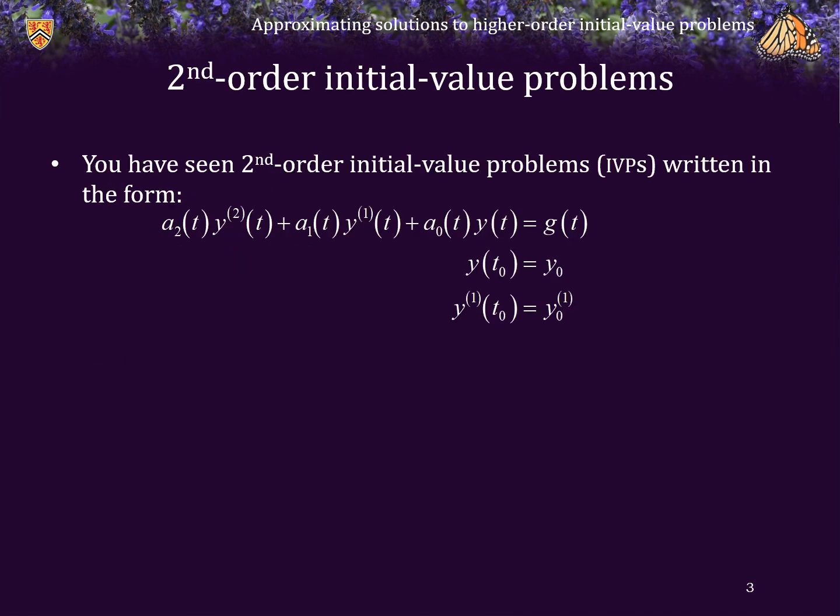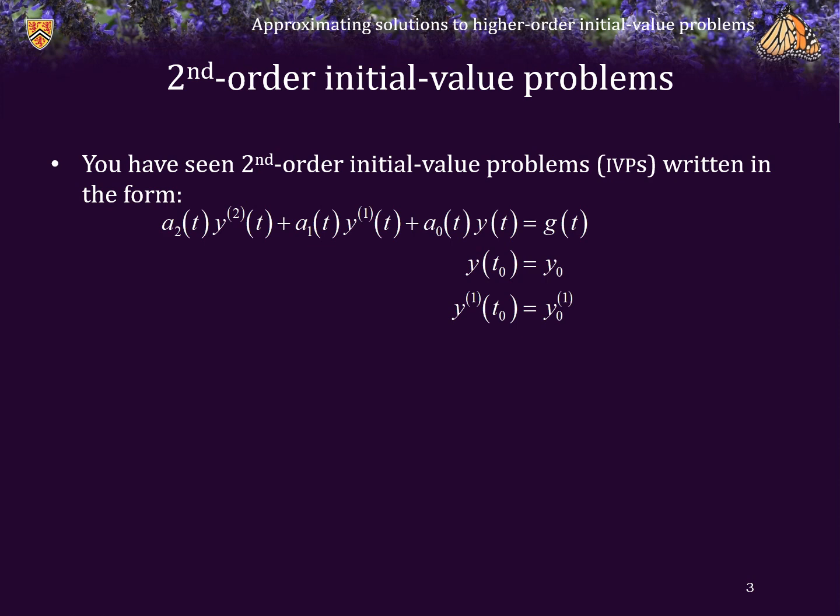Now in your calculus course, you've already seen second order initial value problems that are usually written in this format. We have a function of t times the second derivative of y plus another function in t times the first derivative plus a function in t times y of t, and that is equated to some forcing function. You also have two initial conditions.